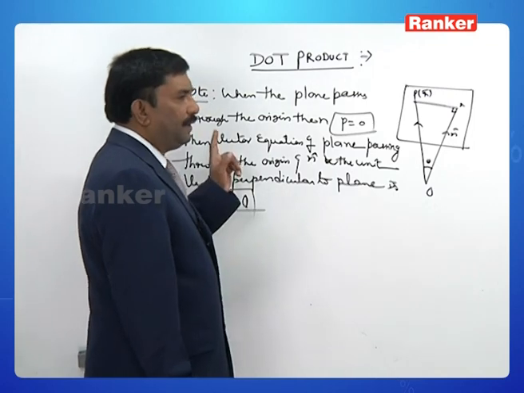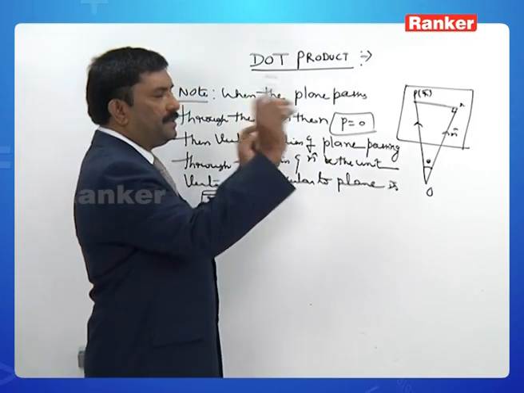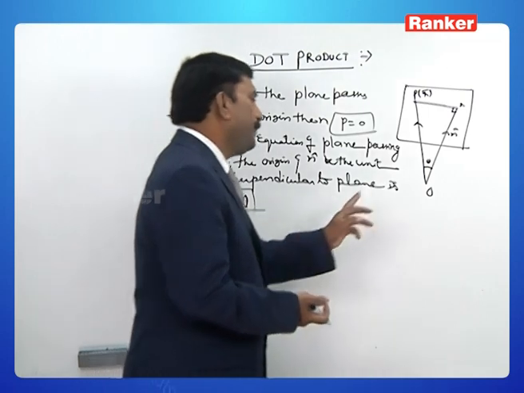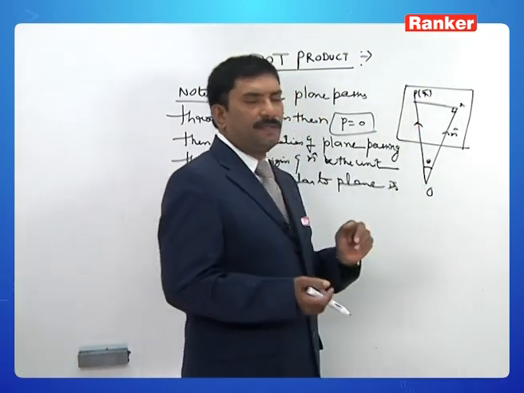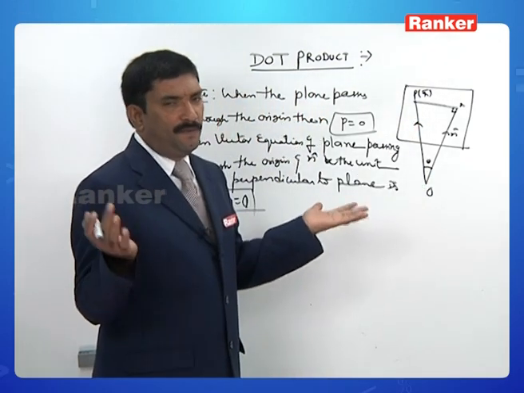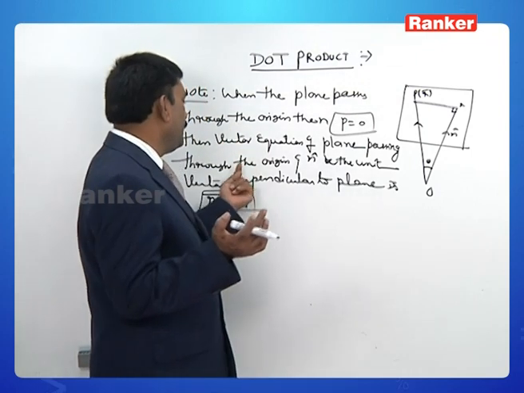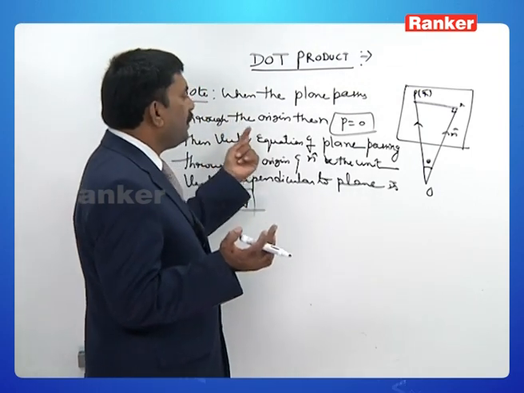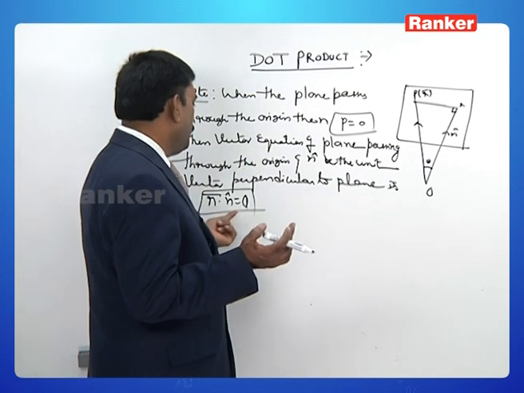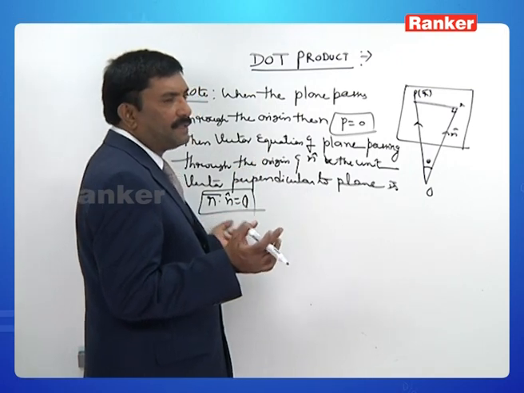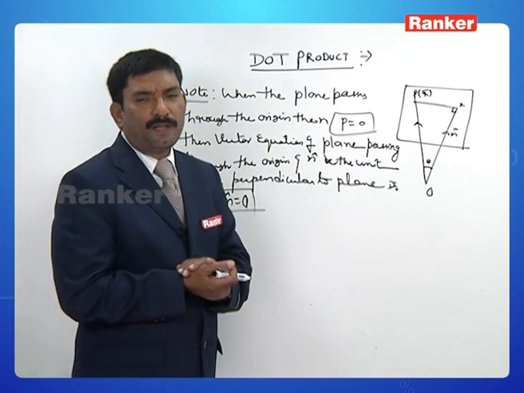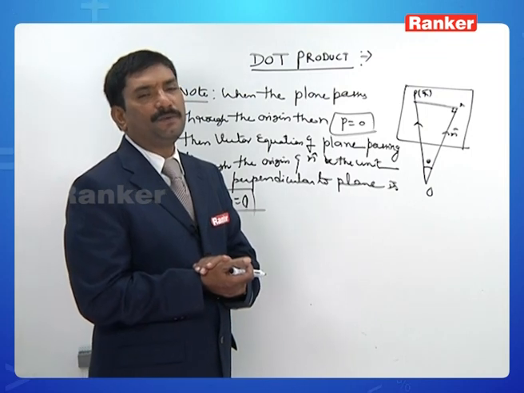Now, whenever any plane is passing through the origin, then the perpendicular distance from the origin will be 0. So the vector equation of the plane, which is in the form r bar dot n cap is equal to p, will become r bar dot n cap is equal to 0.